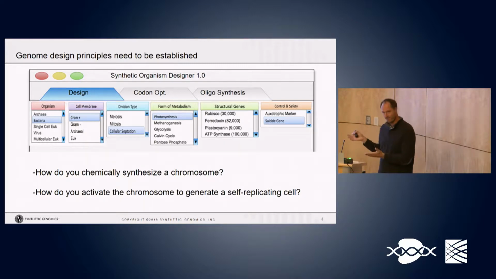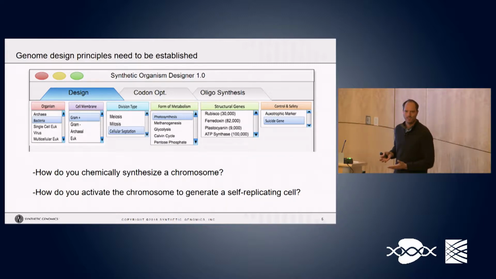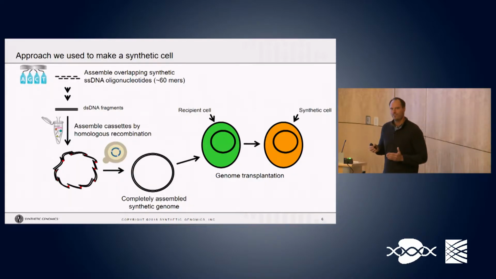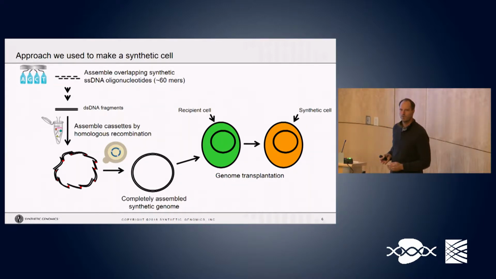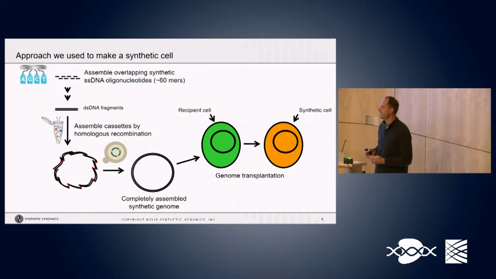In order to test those genome design principles, we need to learn how to chemically synthesize a chromosome, and then we need to learn how to activate that synthetic chromosome to make a self-replicating cell. So this is exactly what my teams, first at the Venter Institute and later on at Synthetic Genomics, have been working on for the past 10 to 15 years.